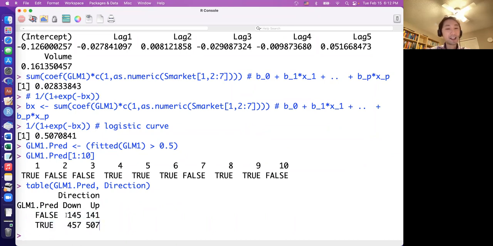And you can see that it's reasonably good, right? Yeah, maybe especially if we see this horizontally, when the predicted value is false, actually the more likely it's down. And when predicted value is true, then more likely the stock market is up. So this prediction is probably better than nothing.